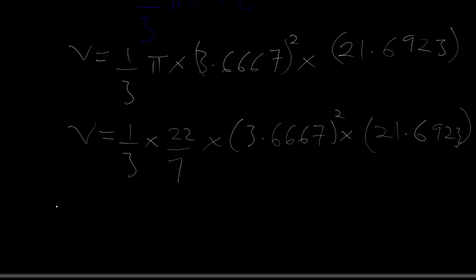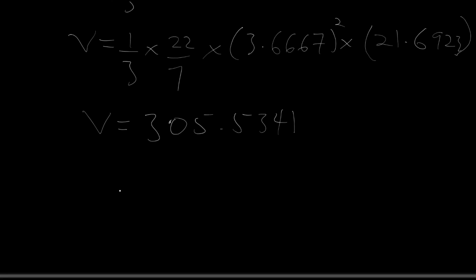Now, when we punch this on our calculator, we should have V equals 305.5341. But mind you, we are leaving our answer to one decimal place. So our V becomes 305.5 centimeters cubed. That would be the answer for V.